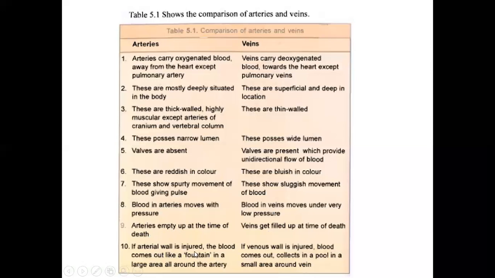Now if the arterial wall is injured, blood comes out like a fountain, whereas if an injury occurs in the vein, blood comes out but collects in a pool in a small area around the vein. You don't see a fountain-like blood flow in the veins, whereas in the artery, it comes out like a fountain.